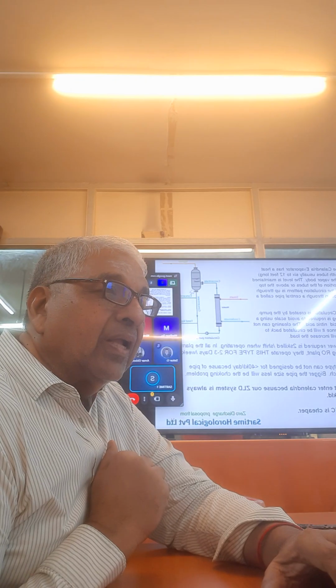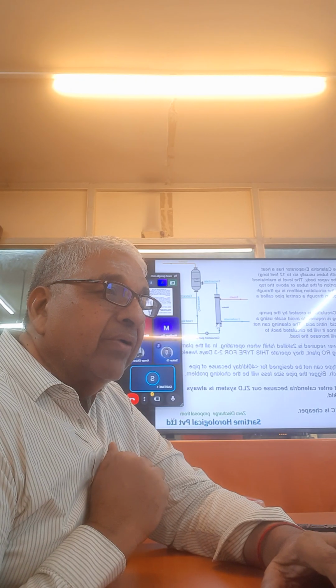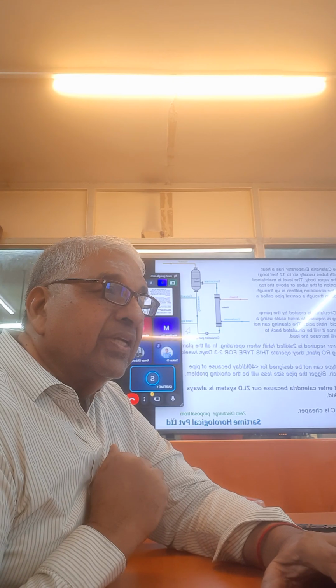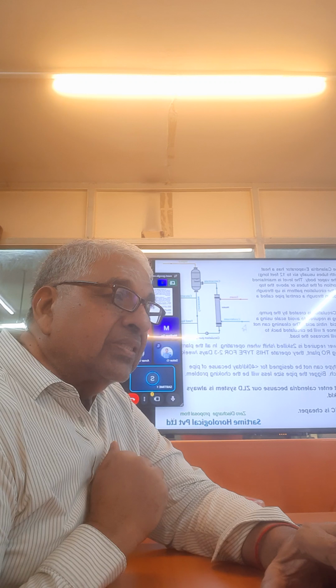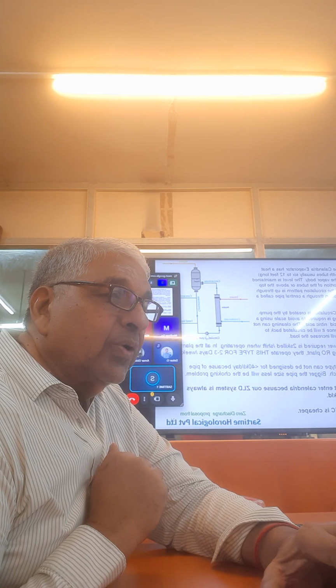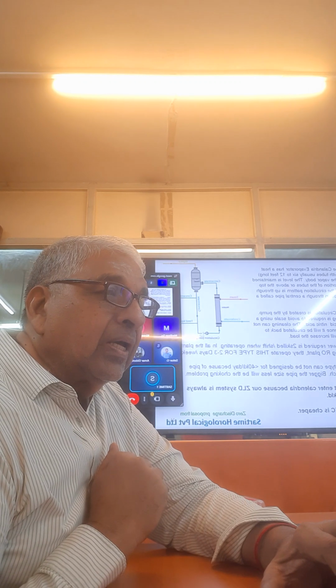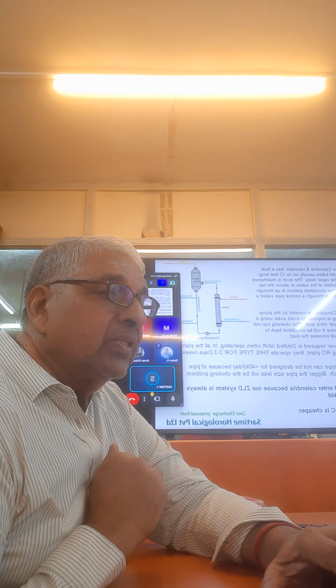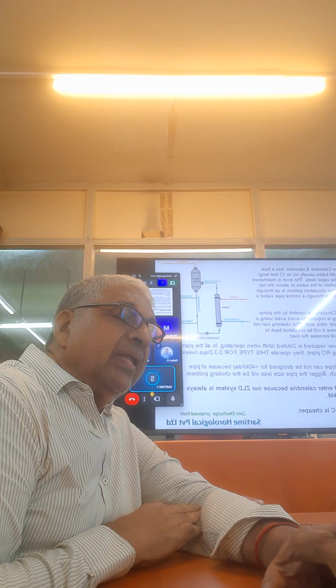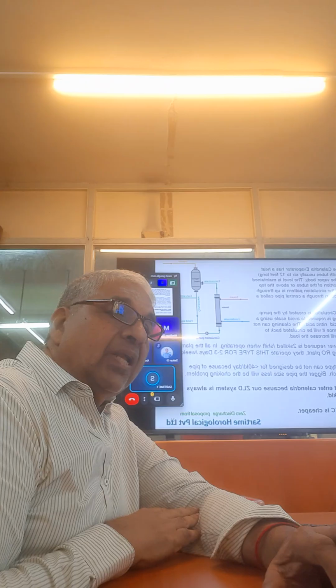Anyway, now this is the normal system where you have a calandria here and it is getting circulated with a circulation pump. The circulation pump will be the number one problem because the mechanical seal will be dealing with 140 degree or 130 degree salt solution.